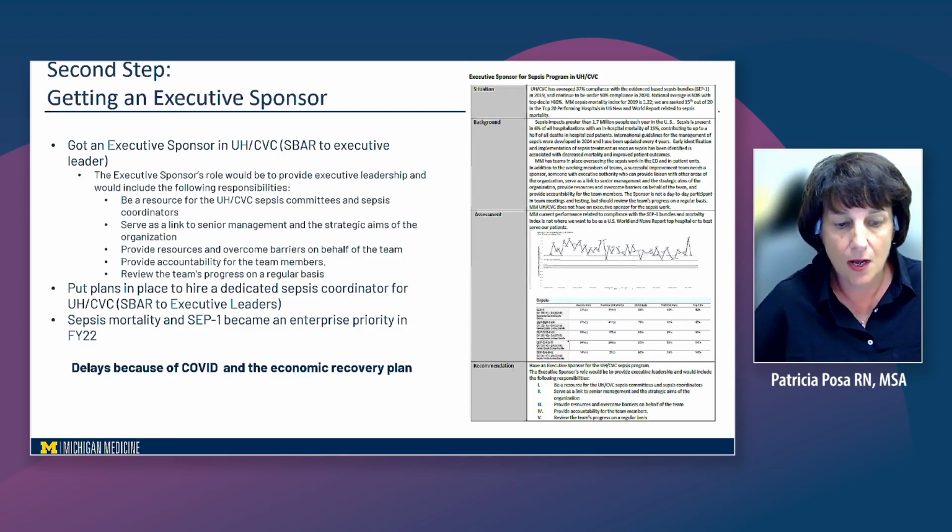Next step was to get an executive sponsor. In the quality world, it's become clear that to improve the potential of success, you need an executive sponsor for projects and programs. This was demonstrated through multiple national IHI initiatives, as well as here in Michigan through the Michigan Keystone work. That executive sponsor increases stakeholder engagement, reduces resistance, helps overcome barriers, and improves the overall program outcomes.